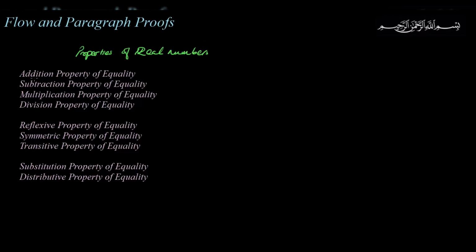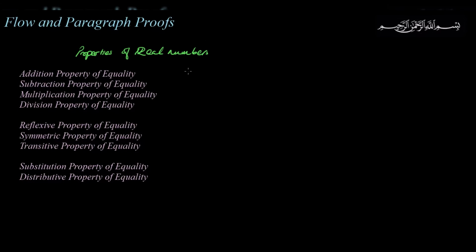We had the addition property of equality, subtraction property of equality, multiplication property of equality, and division property of equality. That's easy enough to remember. And then the reflexive, symmetric, and transitive properties of equality. And finally, the substitution property of equality and the distributive property. These are very important to memorize, in fact. So you should be able to articulate these properties with reasonable confidence.